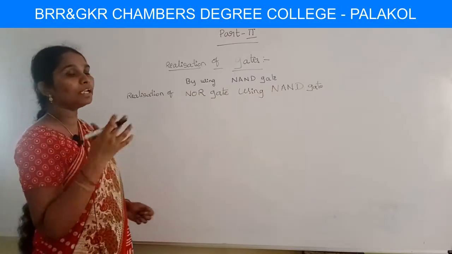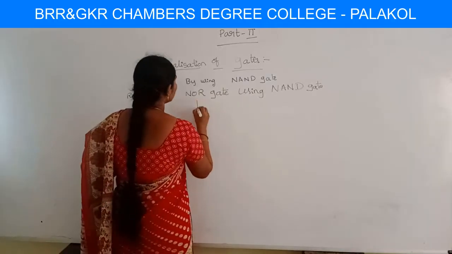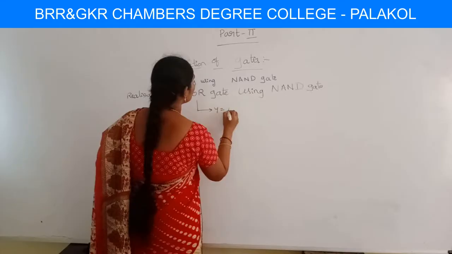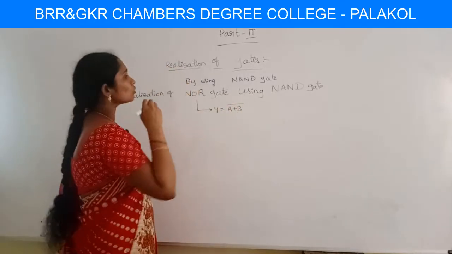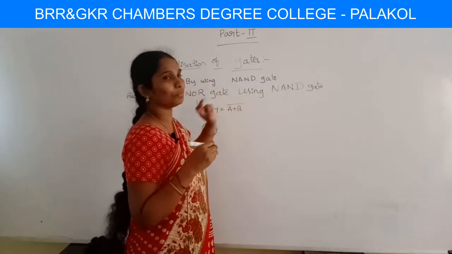NOR gate is nothing but the complement of OR gate. So here the output of this NOR gate is Y is equal to A plus B whole bar. So by using this NAND gate we have to derive this equation.